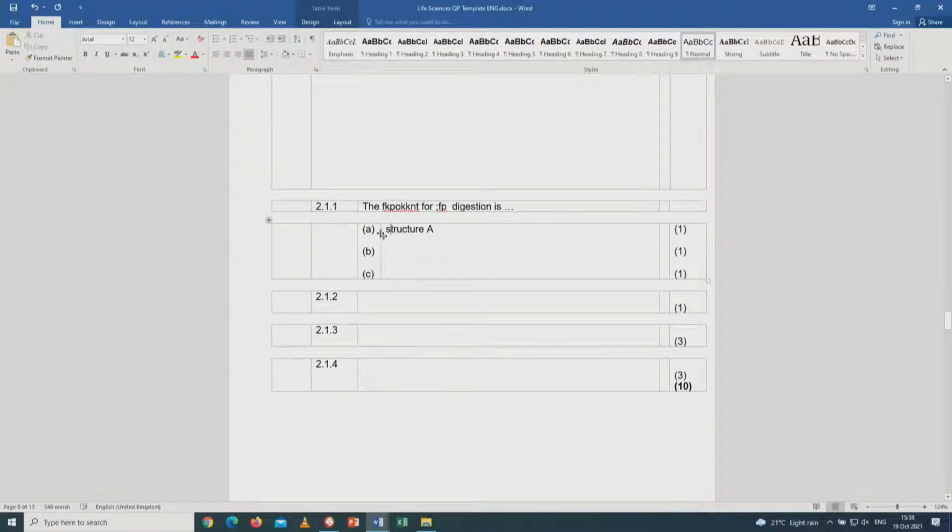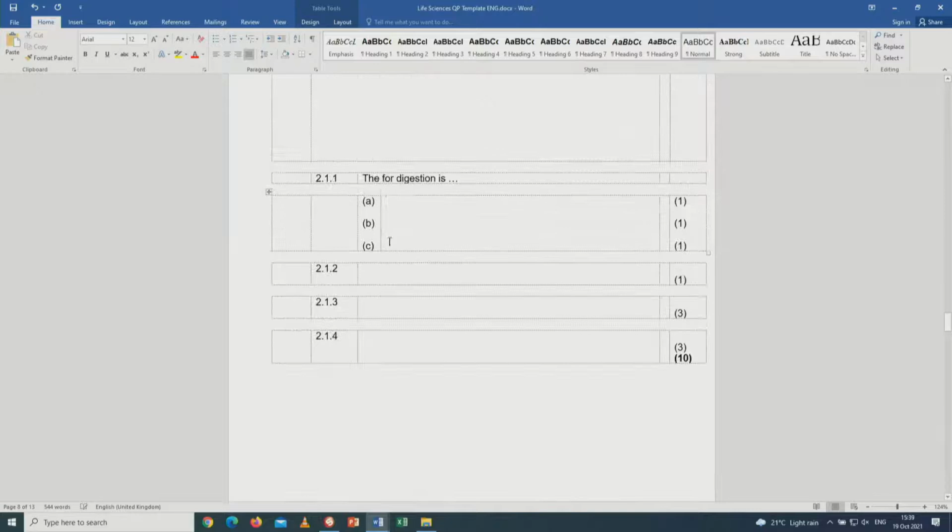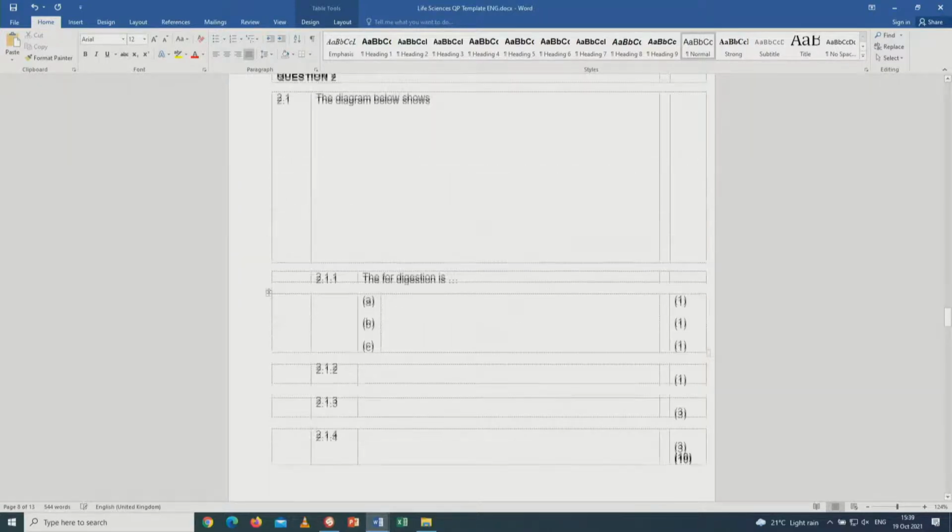The structure responsible for digestion is A, or in multiple choice B or C, whatever, then that is the format in which you write it. Right. Just using letters from the keyboard there to explain something. I think that is more or less it.